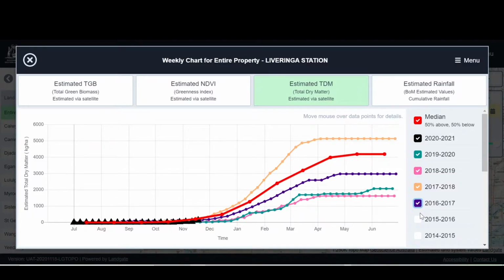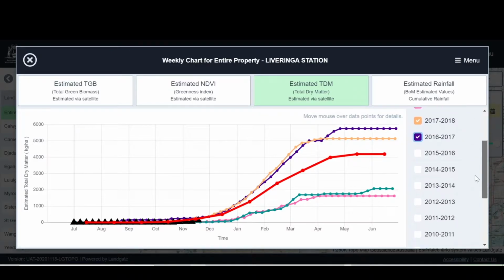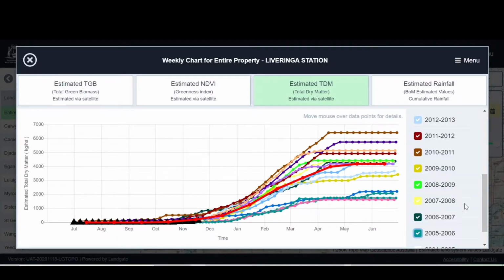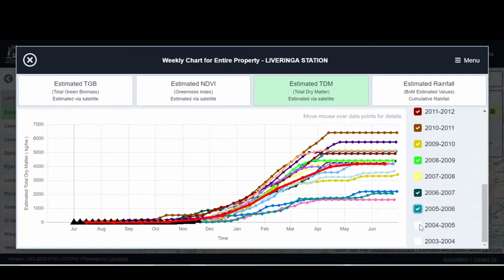If we turn on all the years in total dry matter, because total dry matter is the end result of rainfall and everything else that happens on the station, stocking rate, everything else. Turn on all these years, and now let's turn off all those ones that are above average, above the median red line.